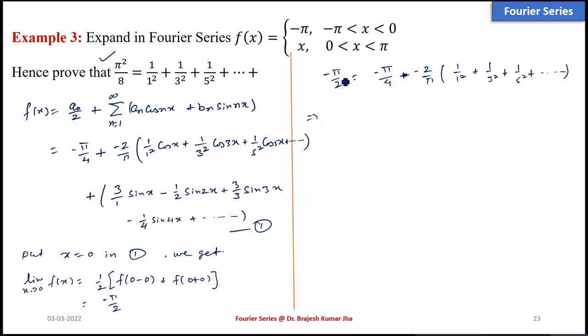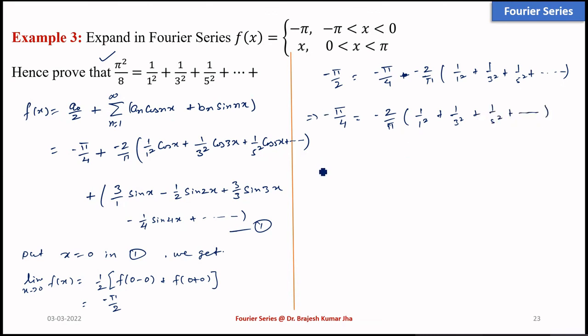So by moving minus pi by 4 across, we get minus pi by 4 is equal to minus 2 by pi times 1 by 1 square plus 1 by 3 square plus 1 by 5 square and so on.